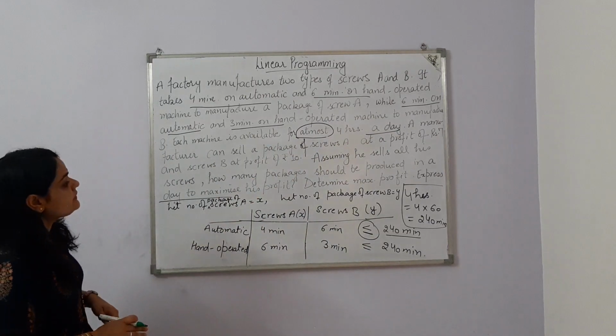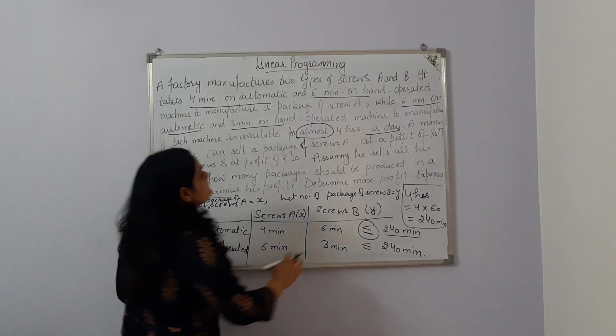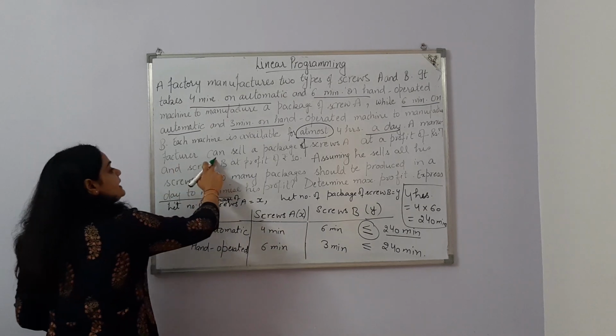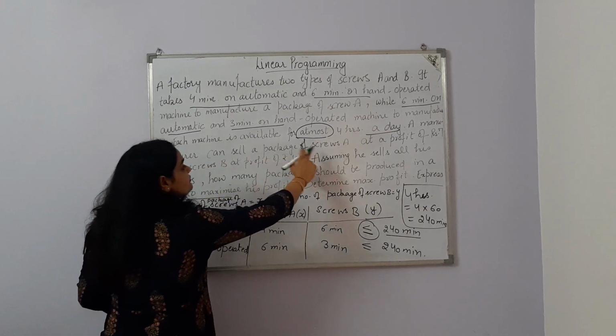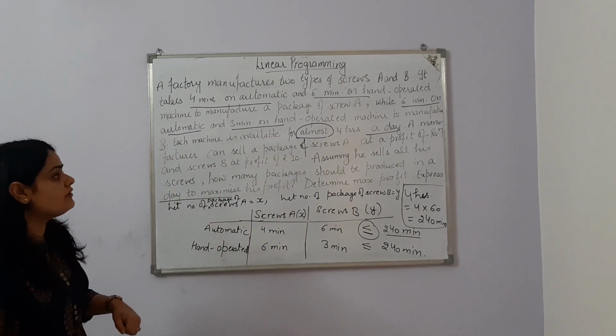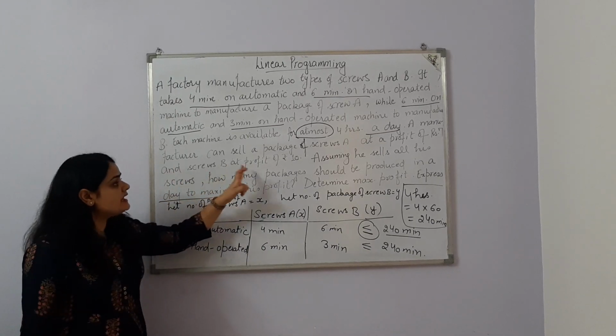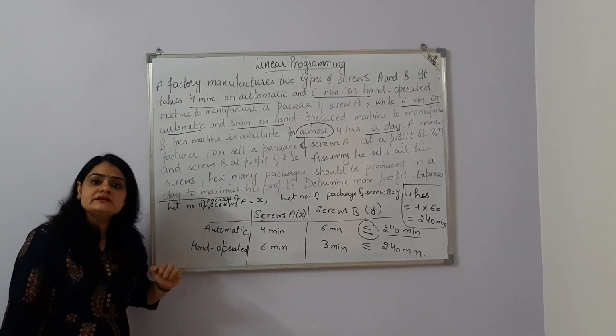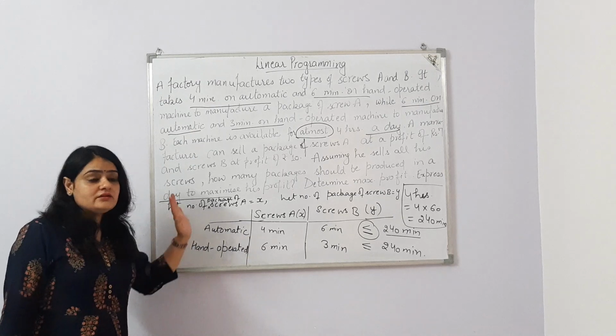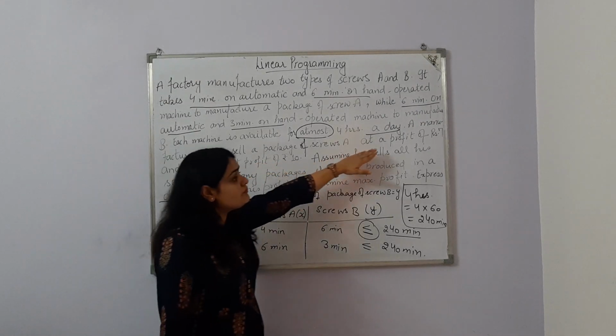Now, the next line is: a manufacturer can sell a package of screw A at a profit of ₹7 and screw B at a profit of ₹10. Now the manufacturer is in profit.